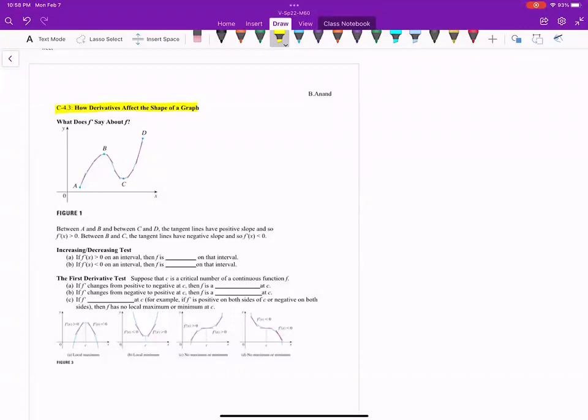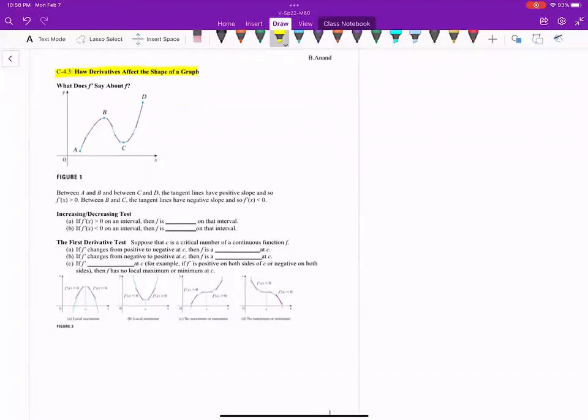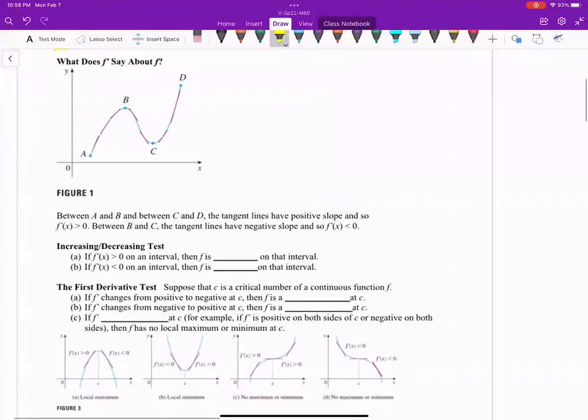So, how derivatives affect the shape of a graph. If you look at this blue graph, the tangents are shown at these points. From A to B, you notice that throughout, the tangent slopes are positive.